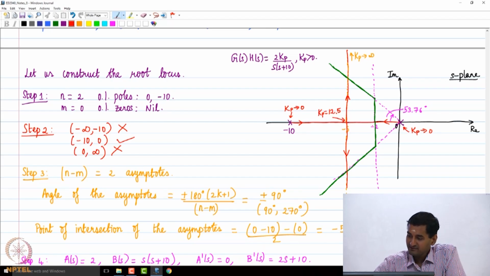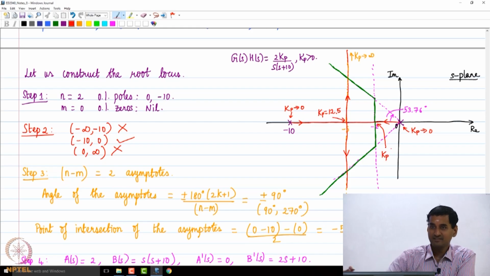First, I need to find the value of Kp at minus 2, because one branch of the root locus starts from 0, keeps on coming to the left as Kp keeps on increasing, and it comes within this performance region only when it crosses S equals minus 2. So how do I find the value of Kp at S equals minus 2? Obviously, I substitute S equals minus 2 in the closed loop characteristic equation.